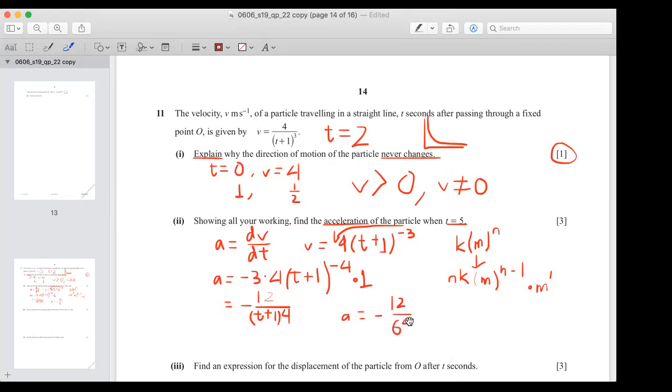Using the calculator, 6 to the power of 4 is 1,296. And this means negative 12 divided by 1,296 is negative 1 over 108 meter per second square.